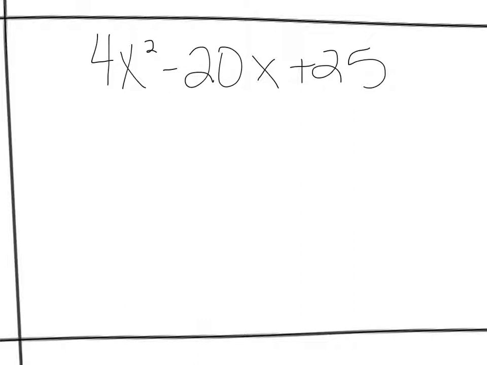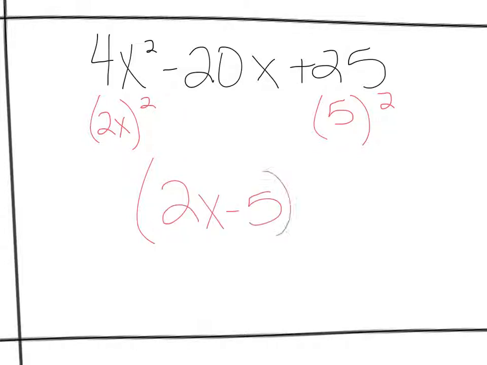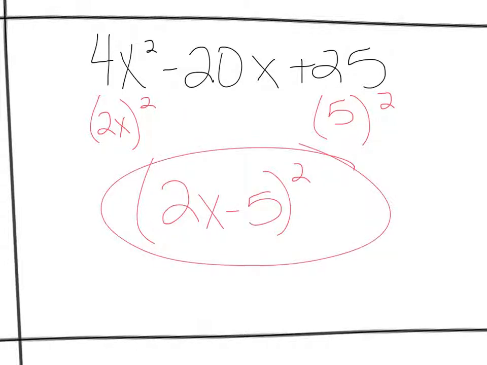Do I have a square in the front, square in the back? I do. What squared gives me 4x squared? What squared gives me 25? Does 2 times 2x times 5 give me my middle term? It does. So what is your factored expression? 2x minus 5 quantity squared.